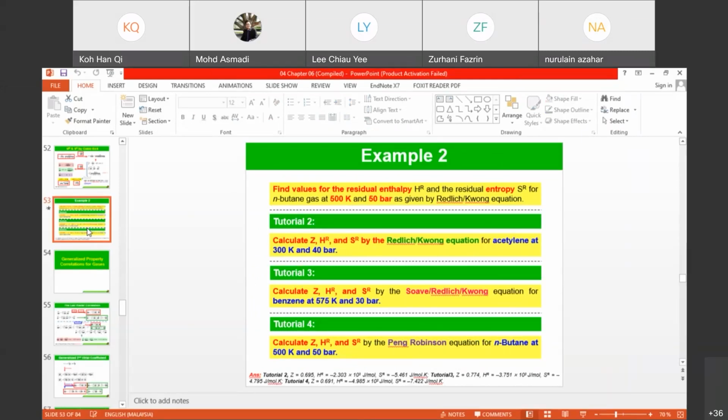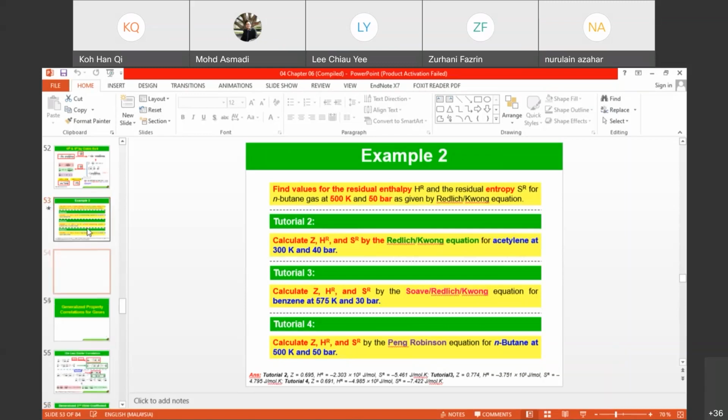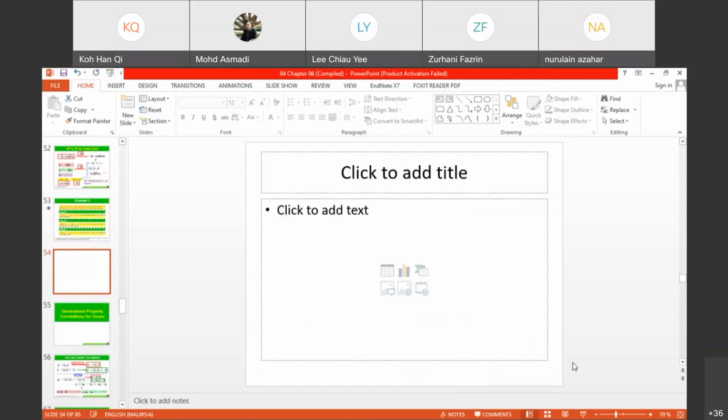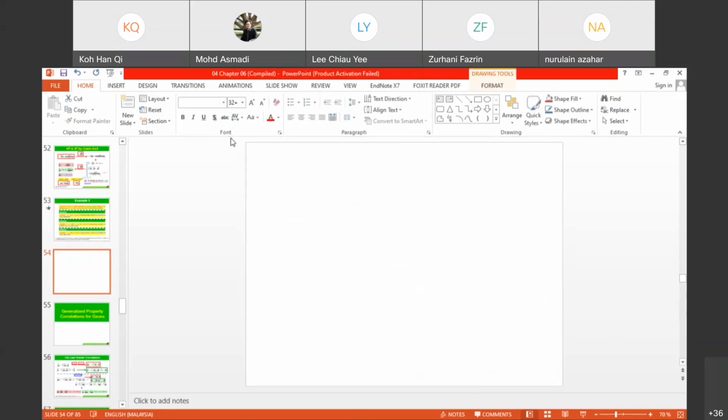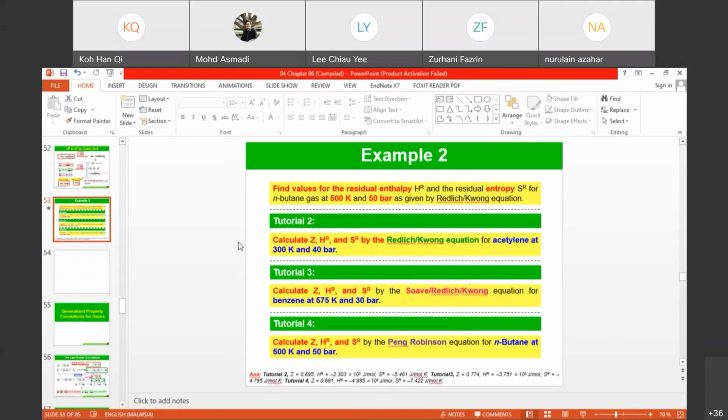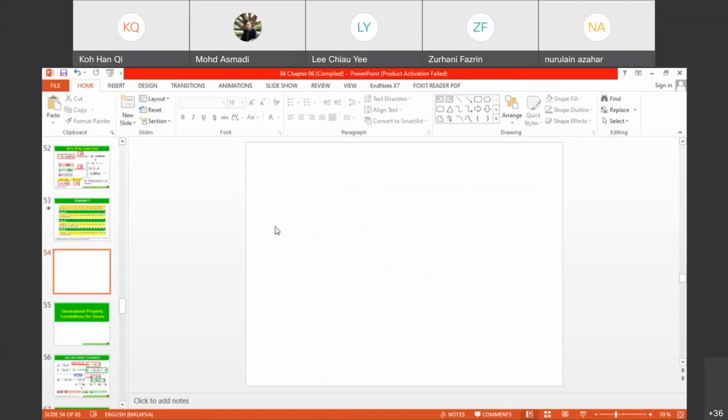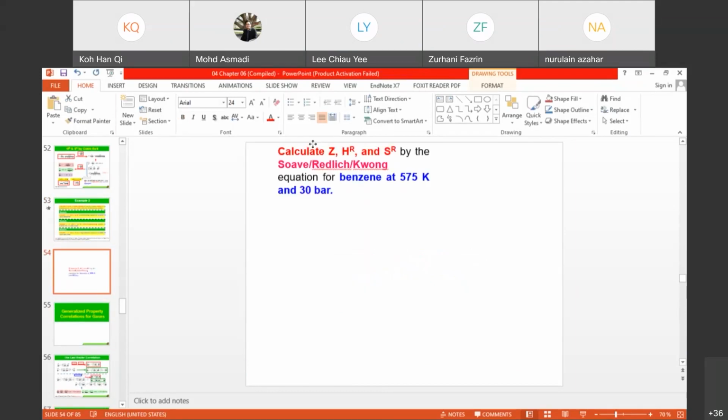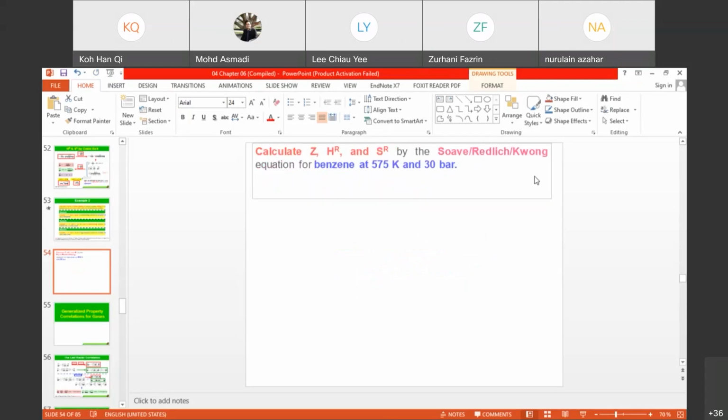by the Soave-Redlich-Kwong equation for the benzene at 575 Kelvin, 30 bar. If you look at there, this is quite different, the equations, right, with the previous example. So you have to use Soave-Redlich-Kwong.